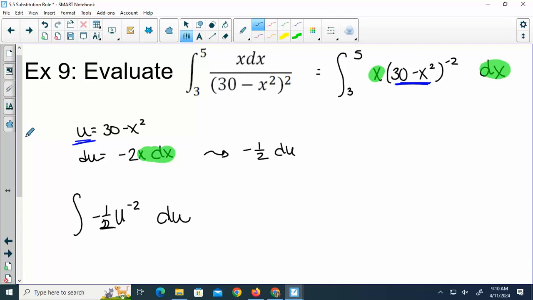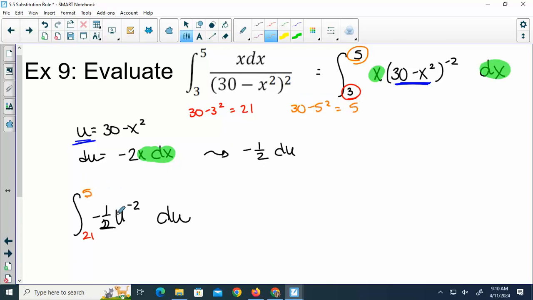The other option is to think: if x is 3, and you plug a 3 in here, 30 minus 3 squared is 30 minus 9, which is 21. So when x is 3, my u is 21. If x is 5, 30 minus 5 squared is 30 minus 25, which is 5.